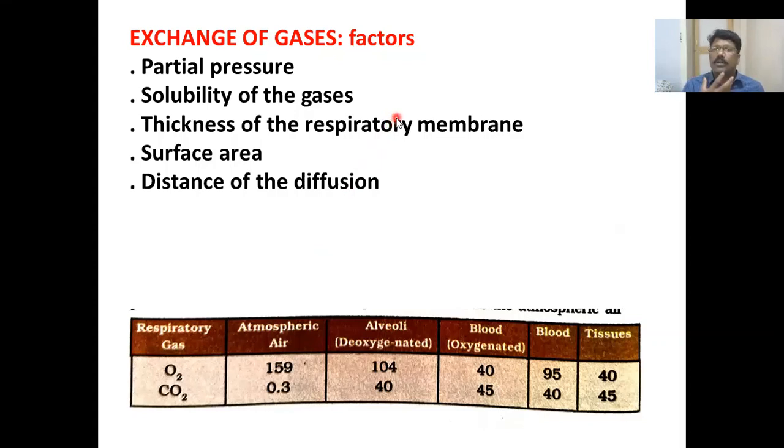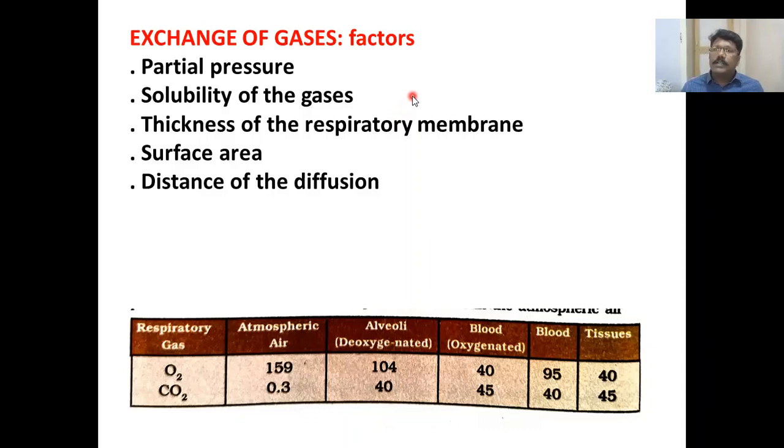That means the amount of air we take and there is a diffusion of gases. Since oxygen is the major gas in the intake air, automatically the pressure of the oxygen will be more and there is a simple diffusion of oxygen from the alveoli into the blood.